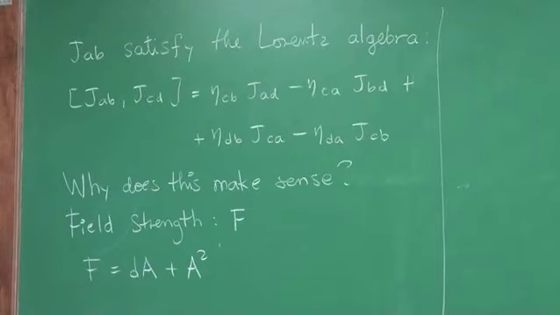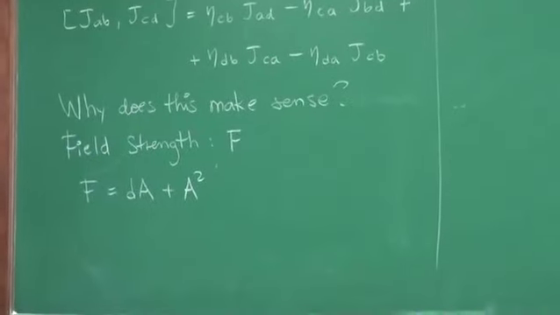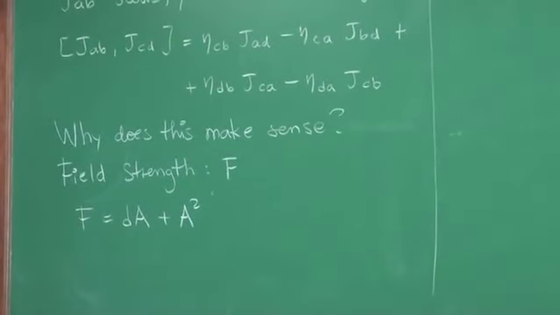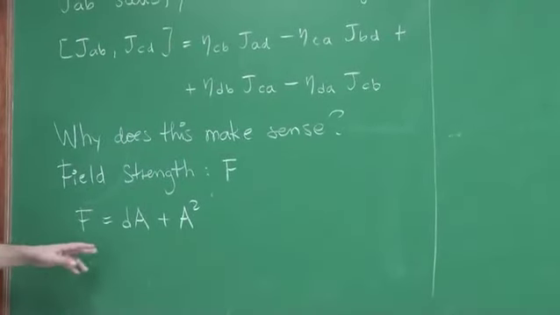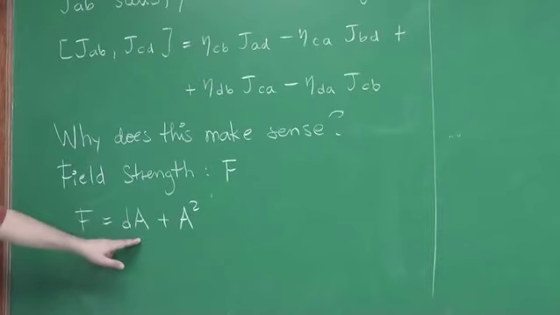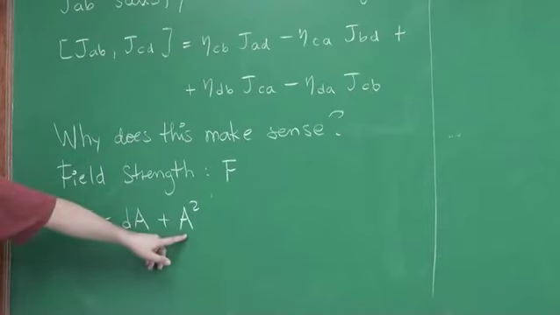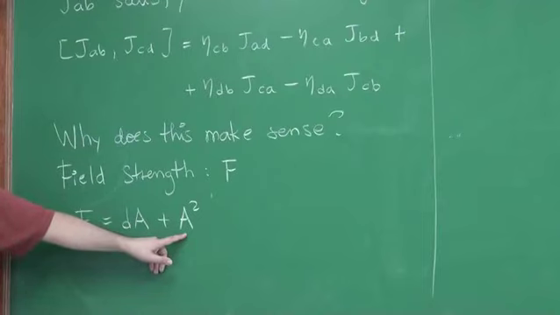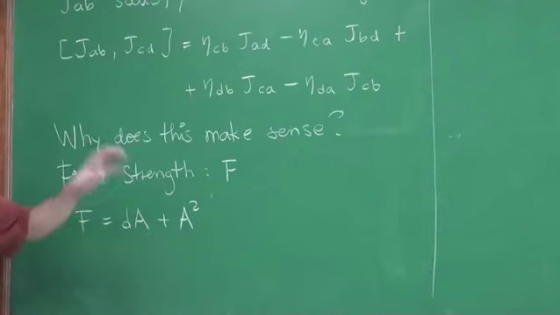Are you familiar with this way of writing it? It's equivalent to the usual way, but it's using differential forms and differential forms that take values in a Lie algebra. So if this was an ordinary differential form, A squared would be 0, because a one form squared is 0.